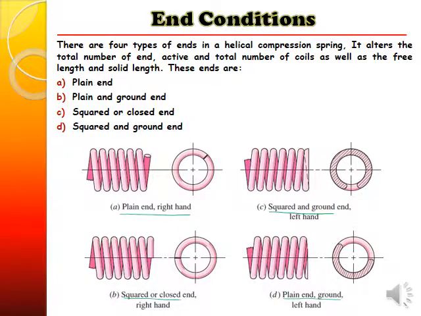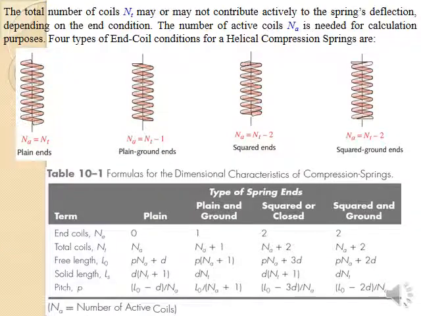So let me show you here. You look at it over here, the spring is just cut, nothing is done to the spring. This is called plain ends. Here the number of active coils is the same as the number of total coils. Now you see the difference between the active coils and the total coils. Actually it is the number of active coils that is used in calculation.